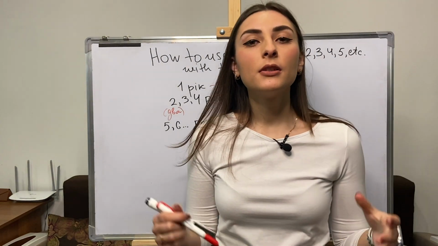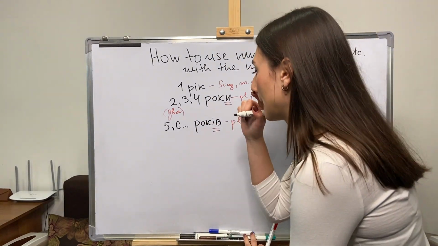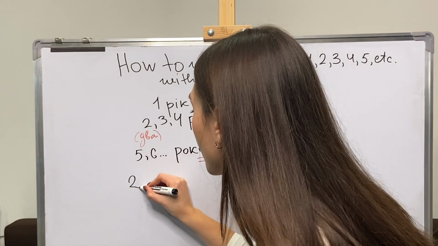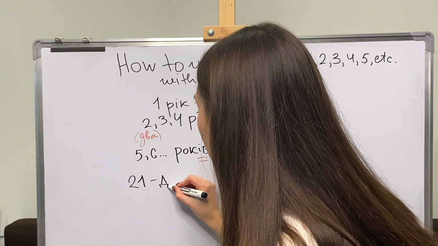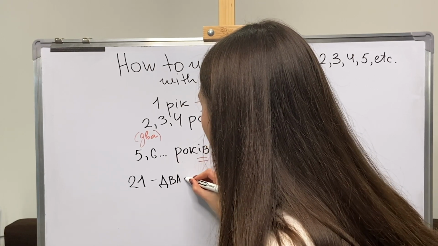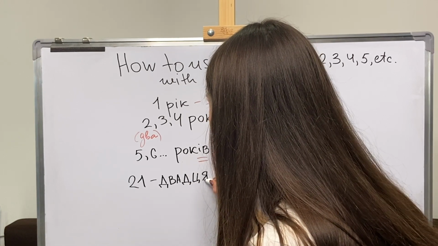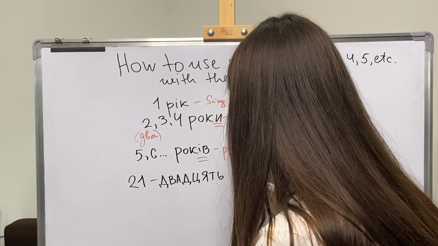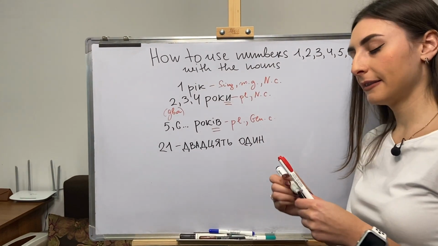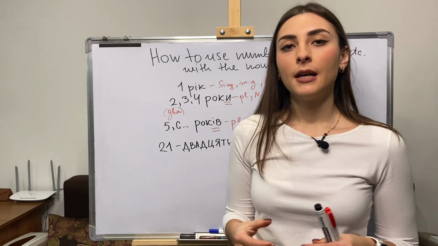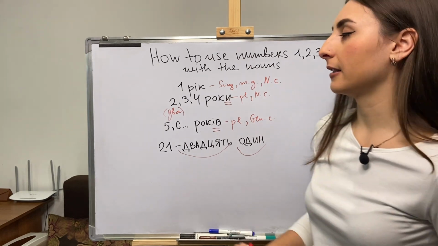But what about compound numerals, like I'm 21? So we want to say 21. 21 is 20 and один. As this numeral consists of two parts, так, 20 and один, we write it as two words.